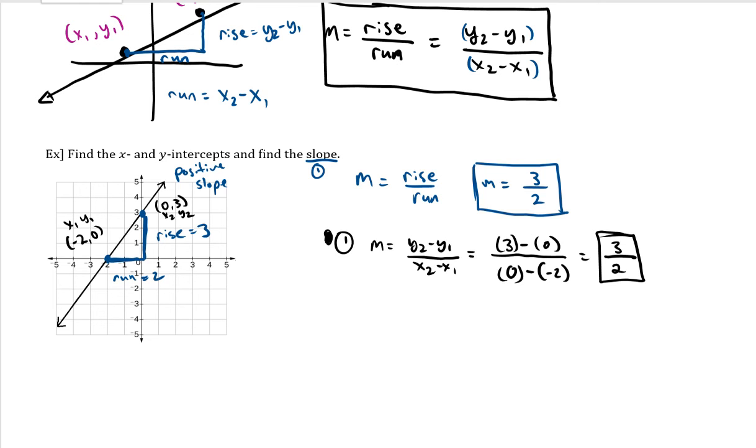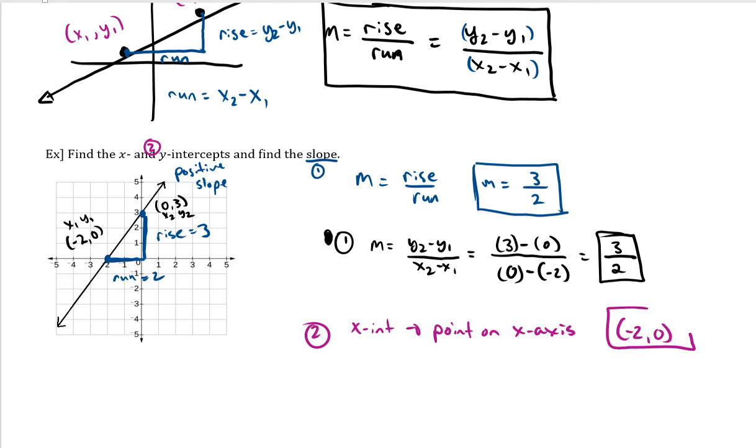And then part 2, finding the x and y intercepts. I'm just going to mark it up above, though I already wrote them on the grid. As a reminder, the x-intercept is a point that's on the x-axis. Our point that's on the x-axis is negative 2, 0.